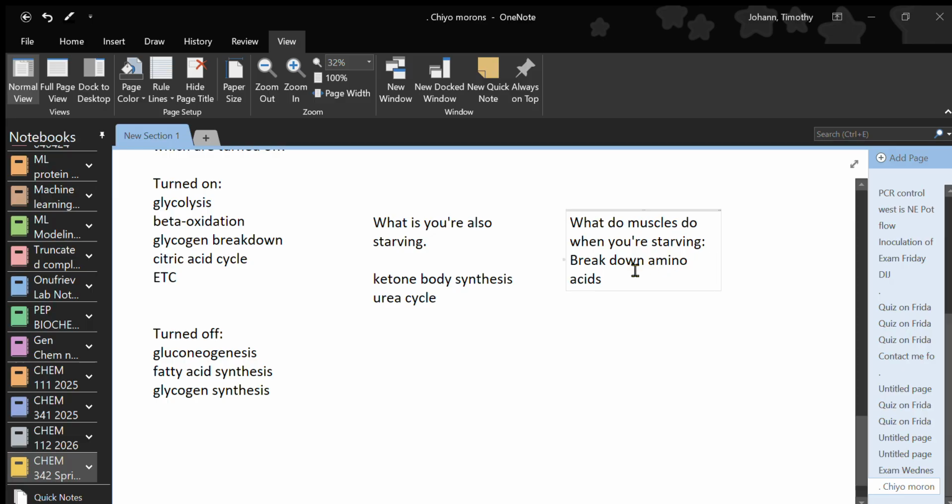Maybe what I'd say is, what do they produce that they might not produce in large amounts otherwise, and give to the blood? Ketone bodies? They're not going to make ketone bodies because they use ketone bodies. Making ketone bodies would be making fuel for somebody else. If they have acetyl-CoA, they're just going to use it.